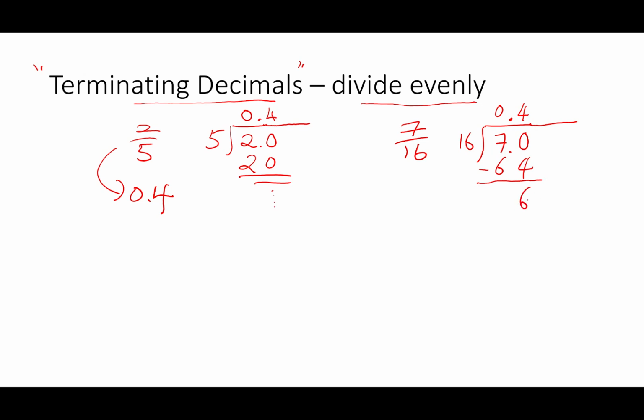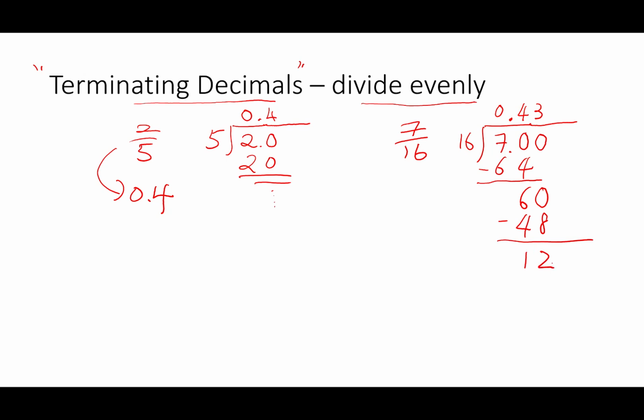Now with 6 here, we need to continue the division further. The way to do this is to add 1 trailing 0 behind, and we pull it down, so we get 60. Once we get 60, we can divide by 16 to get 3, and we get 48. Then we subtract, so we get 12.